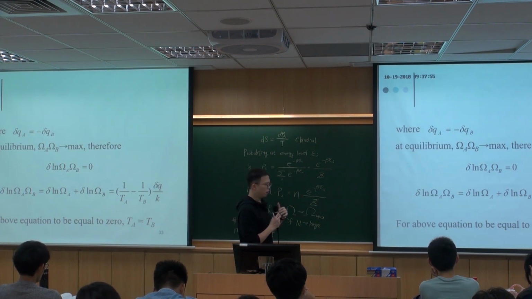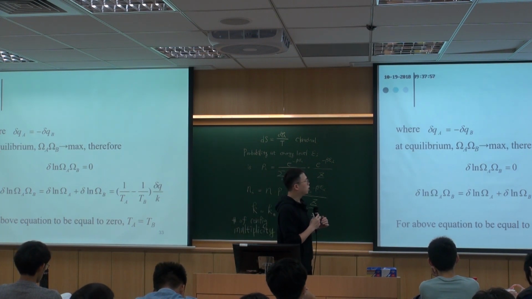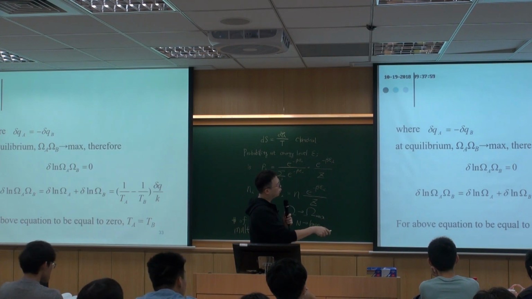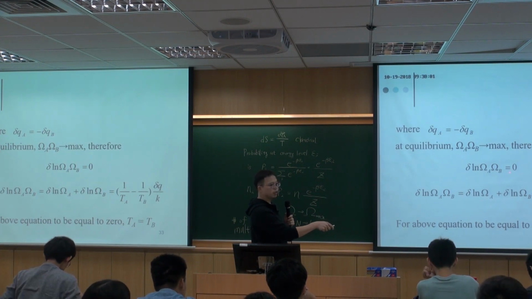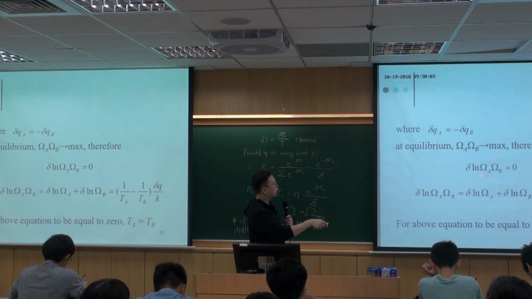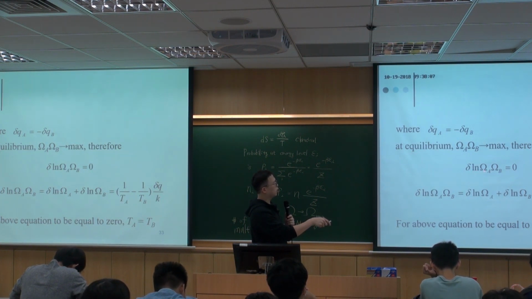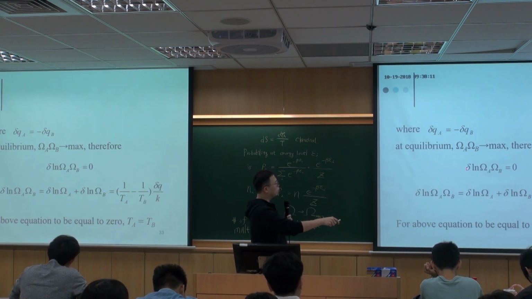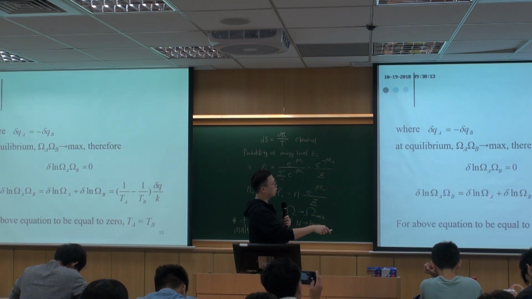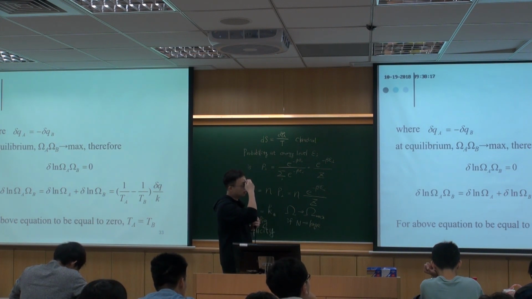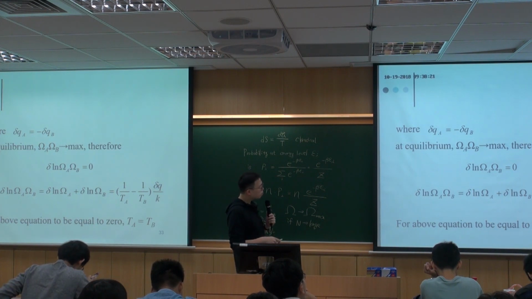Right? Because if it's at the maximum value, the extreme value, the delta of this term should be 0. And lucky enough, we know how to calculate this because this is the product inside the log. So you can decompose that into the sum of delta log omega A and delta log omega B. Right? This is how the logarithm works.